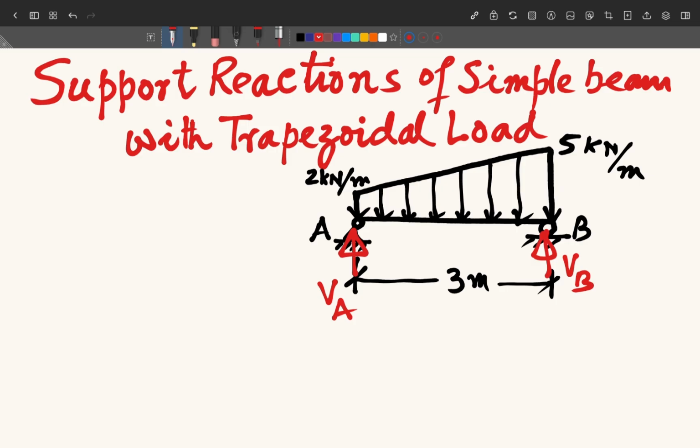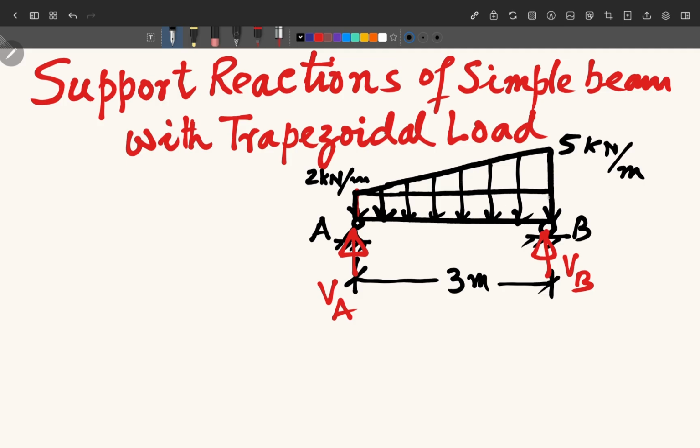Now if you look at the load, it is trapezoidal loading. This trapezoidal loading we can simplify just by dividing into two parts. So if we draw a line from here, that will make it a rectangular part and a triangular part.